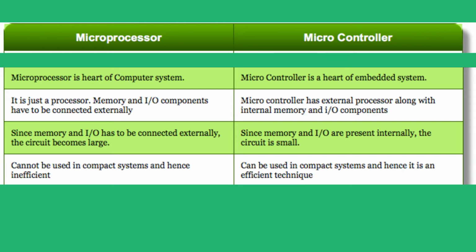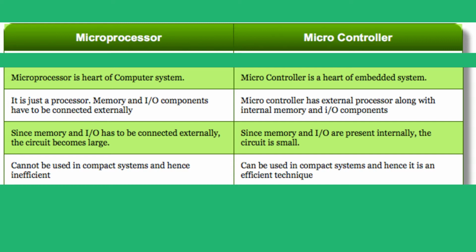Now in a microprocessor, since memory and input output have to be connected externally, the circuit becomes large, whereas in a microcontroller the circuit is quite smaller. A microprocessor cannot be used in compact systems and hence it is inefficient, whereas we can use microcontrollers in compact systems and hence it is an efficient technique to use a microcontroller for compact systems.